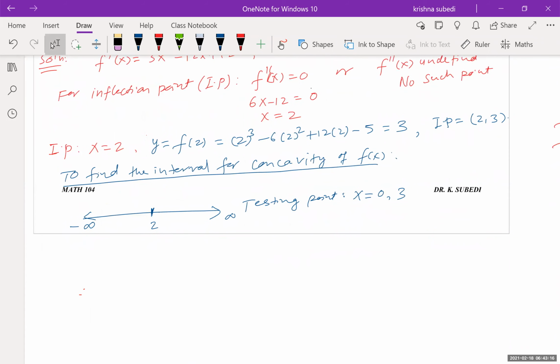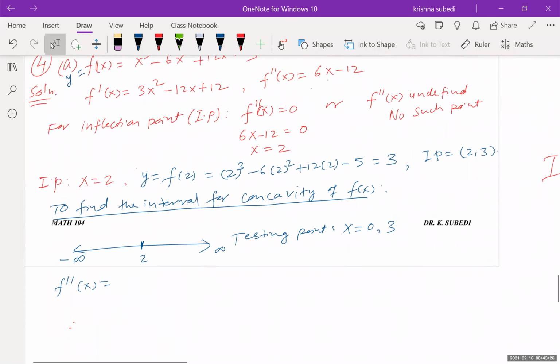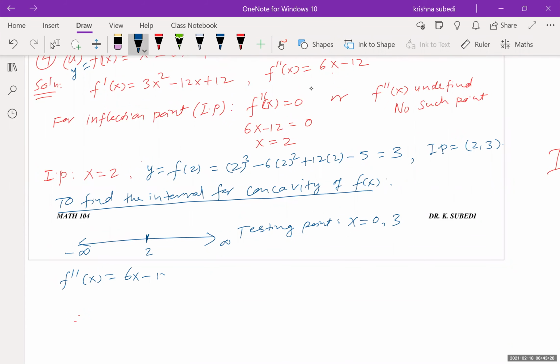Now all we need to do is test these numbers in the second derivative. Let me just copy the second derivative here. So the second derivative is 6x minus 12. So if I put this 0 testing number, okay, let us test that.